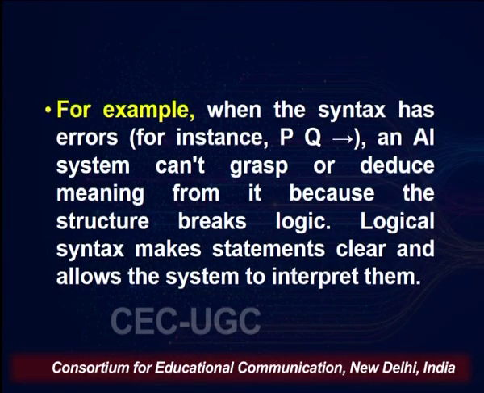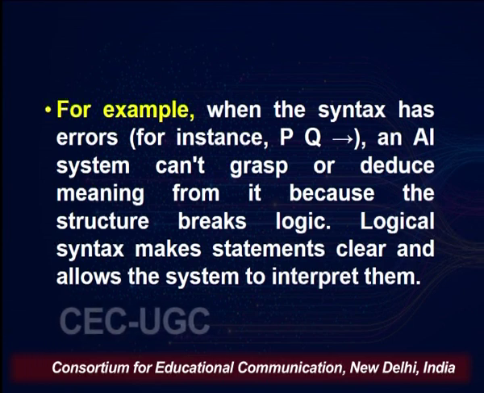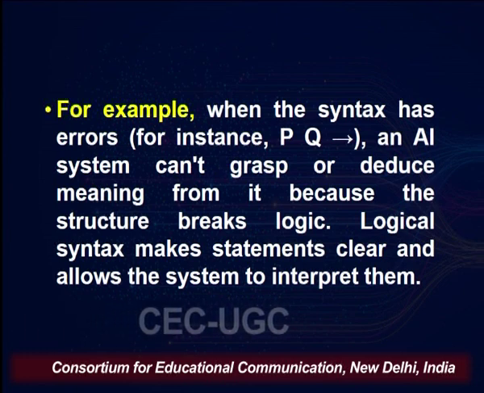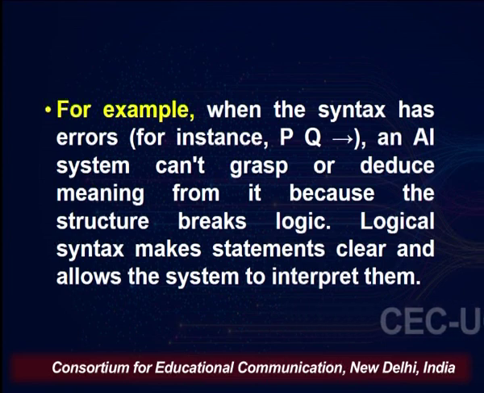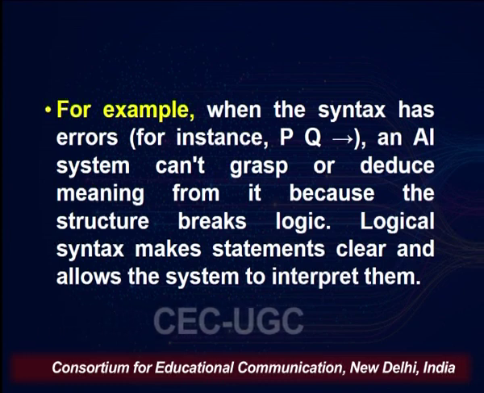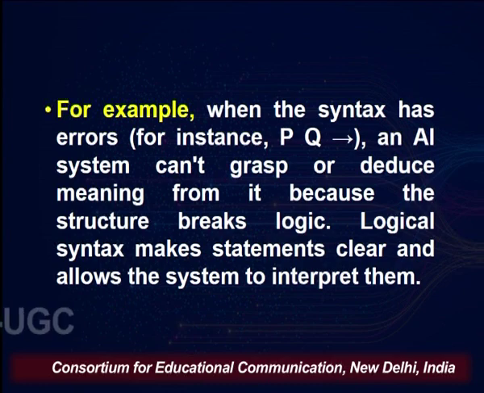For example, suppose a statement says P implies Q, but we write it as P Q and then the implication symbol. Then an AI system cannot deduce the meaning from it, because the structure breaks the logic; syntactically it is not correct. It should be P, then the implies symbol, and then Q, rather than P, Q and the implication symbol. So logical syntax makes the statements clear and allows the AI system to interpret them. This is about syntax.